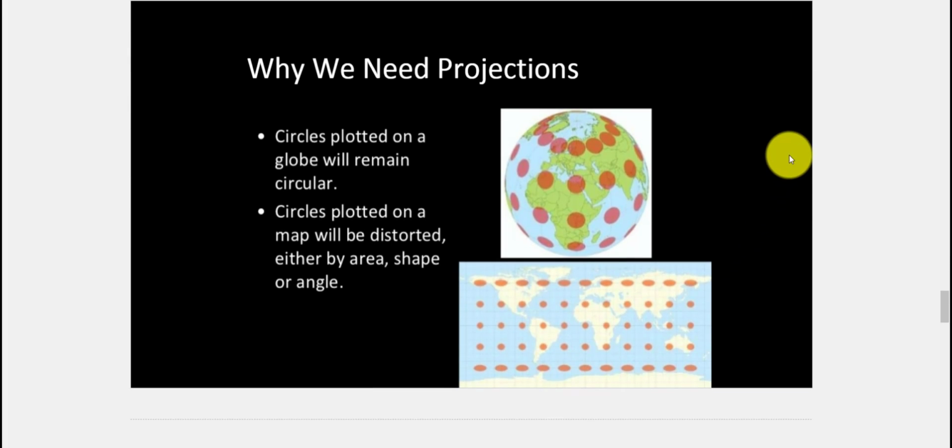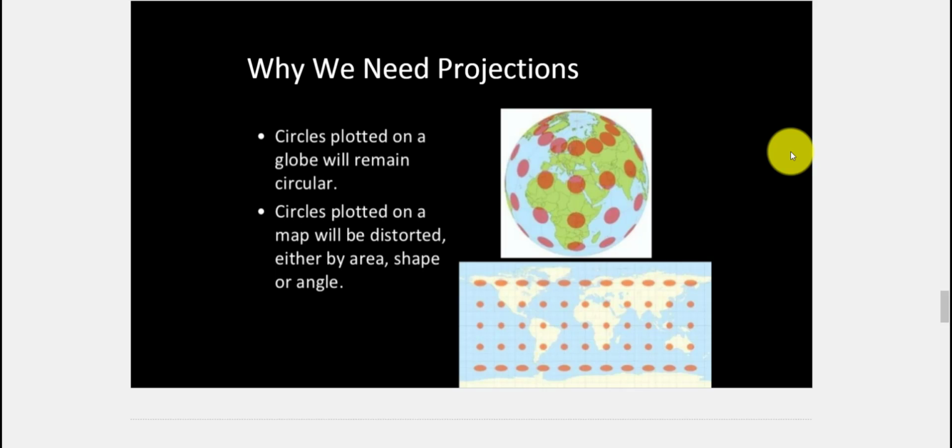Why do we need projections? If you look at these circles on the globe, you can see in the top example, if we were using an actual three-dimensional tool like a classroom globe, if you stuck stickers on that globe, they would remain the same size and they would all remain circular.